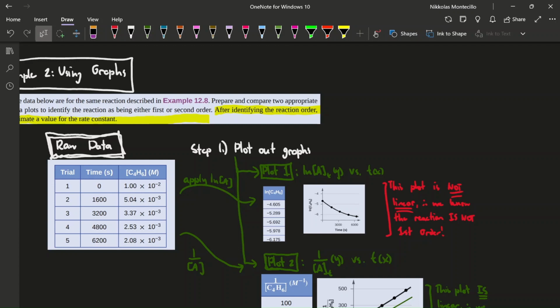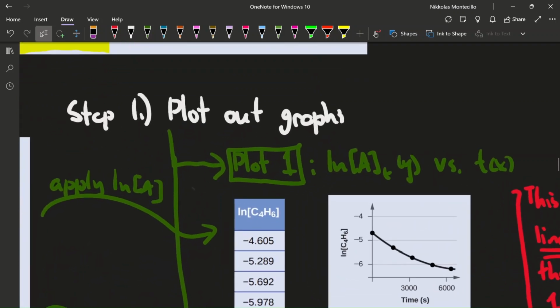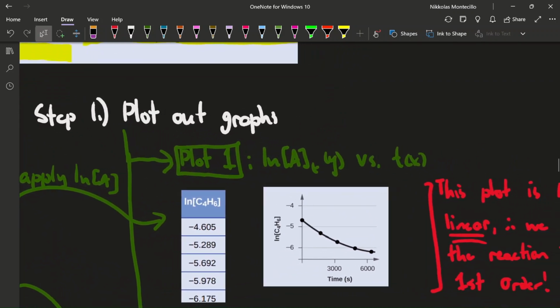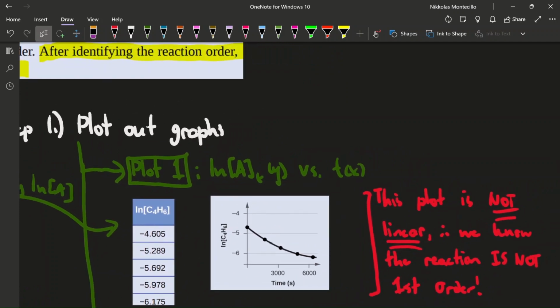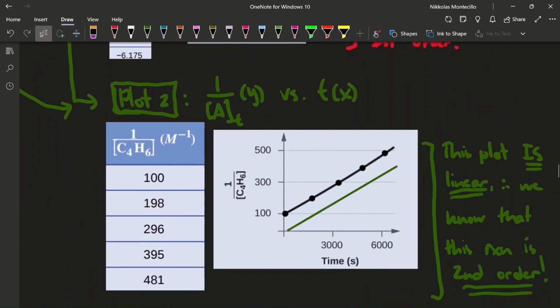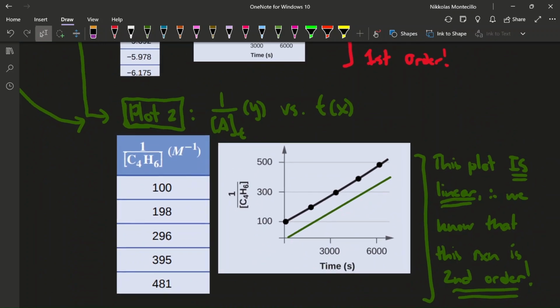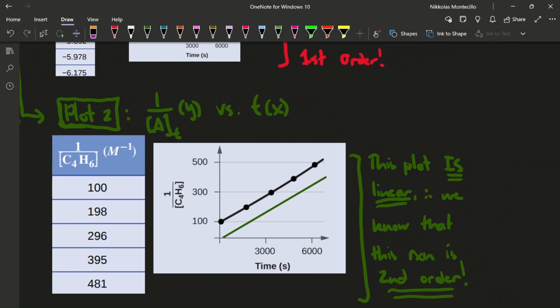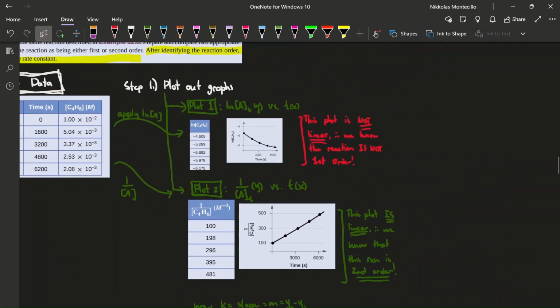So for plot 1, when we plot the values of the natural logarithm of the concentration of C4H6 against t, we find that the plot is not linear, meaning it's not a straight line. Therefore, we know this reaction is not first order. However, when we conjure up the second plot, where we apply the reciprocal function, 1 over the concentration of A at a given time t versus t, we find that the plot is linear, and therefore we know that this reaction is second order. Okay.